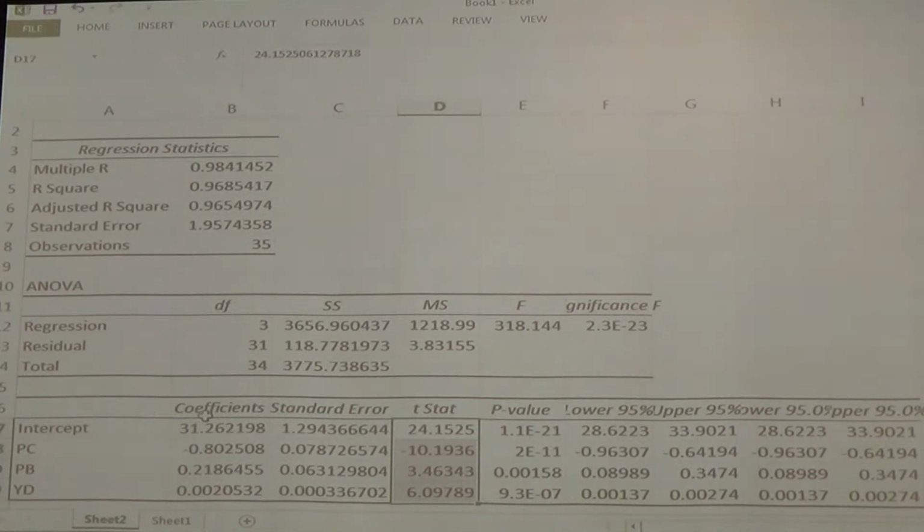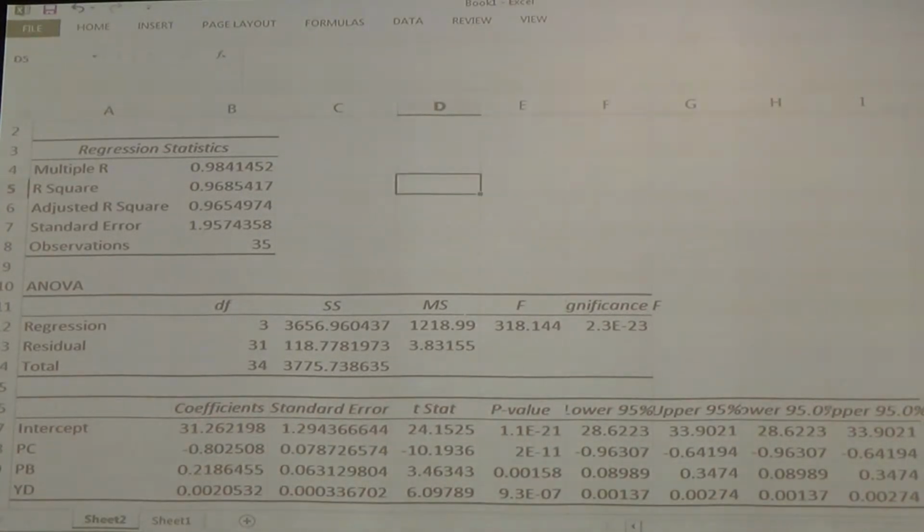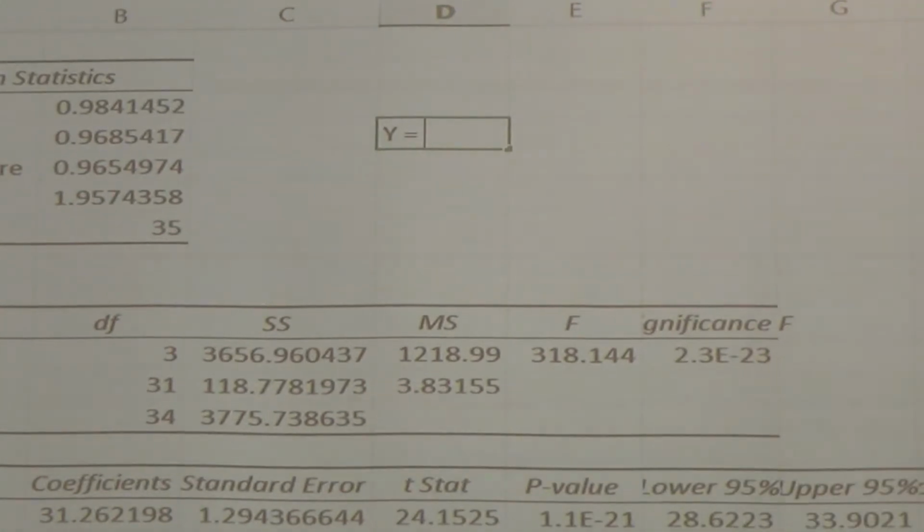So basically this table says that we estimate this equation as this. Y is equal to roughly 31.26. That's the intercept here.